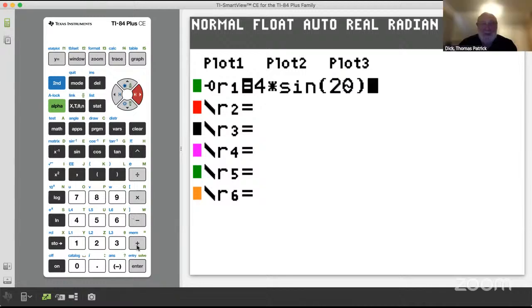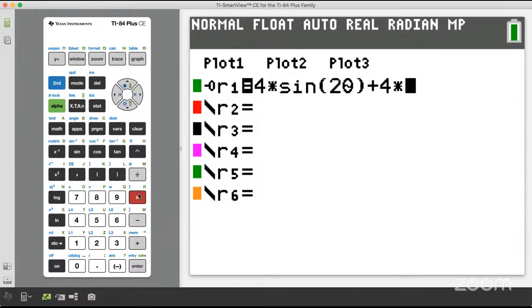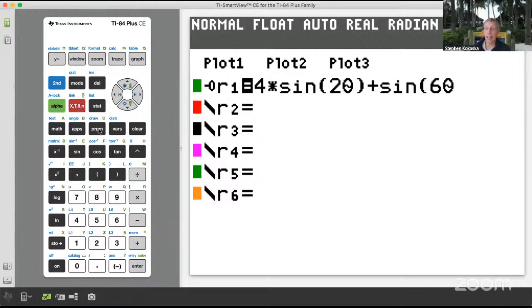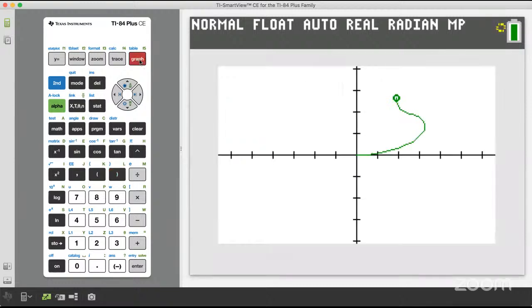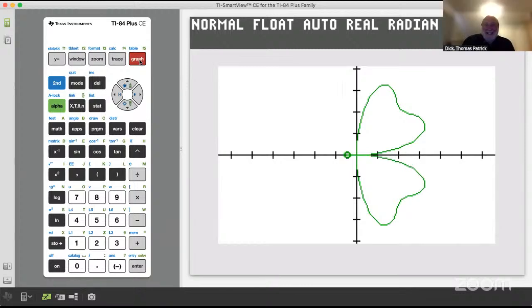Plus 4, or actually, no, don't even do 4. Just do sine of 6 theta. Which is a great example of some of the cool curves. And now you can go ahead and experiment with the trig function. Hit the graph key for us there. And we should see a really nice looking little picture there.